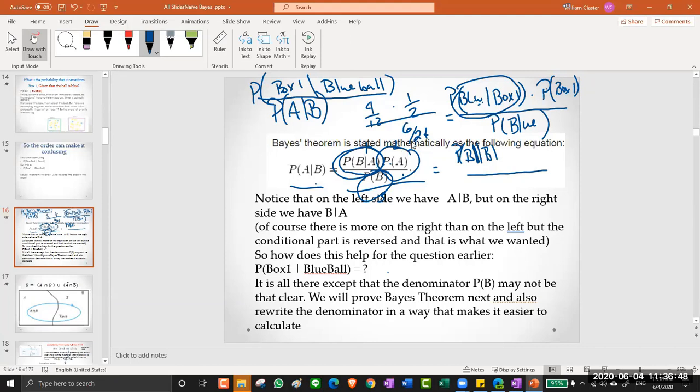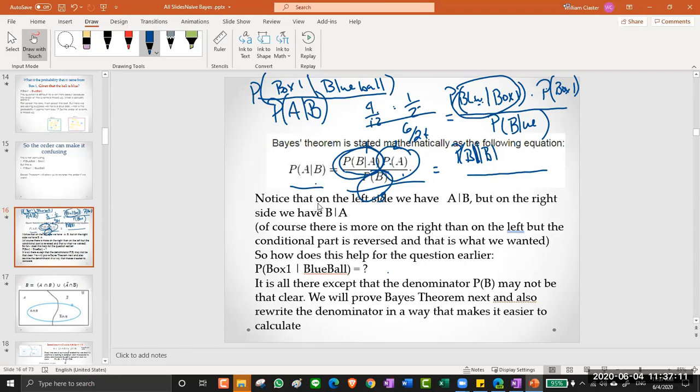So I think this is right. It's going to be this times this, sorry, this times this over that. Okay? So that gives us one way to do it. And anyway, this is what Bayes' theorem does. Does everyone see what Bayes' theorem does? There are many ways to express the meaning and value of Bayes' theorem.